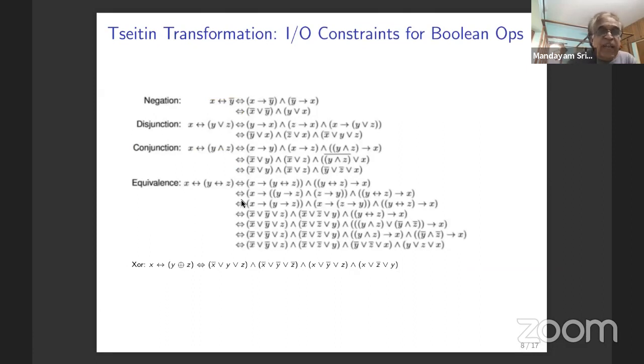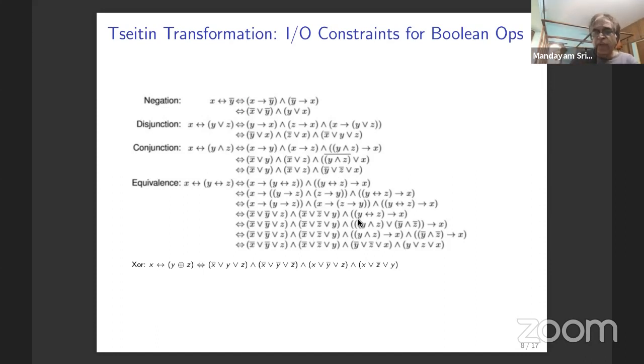So this is the individual expansion for each of the Boolean operators, relating the output of that operator to its input, and this is what you will add. The important thing to notice is it's adding extra variables and adding these CNF forms for every instance of the connective.